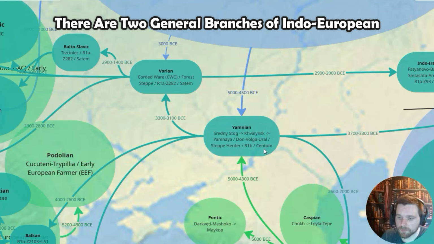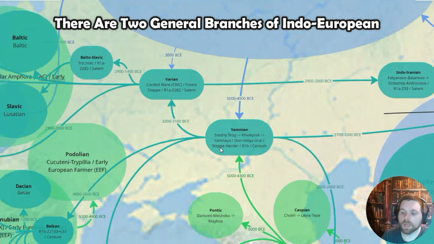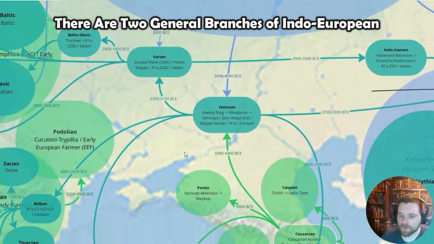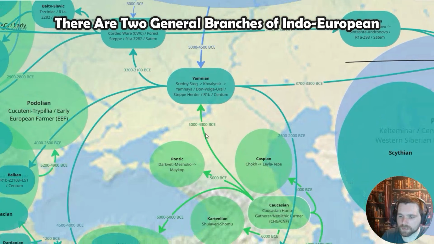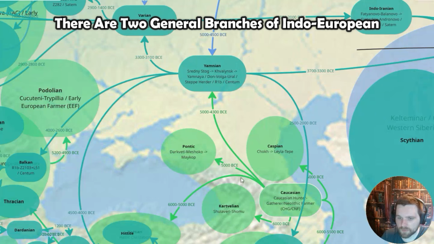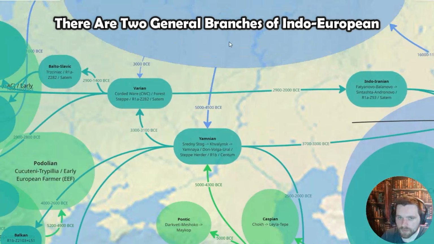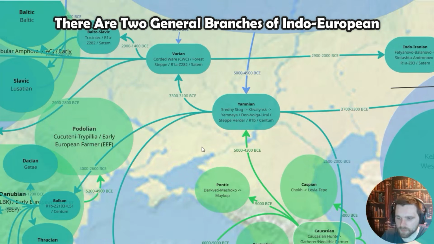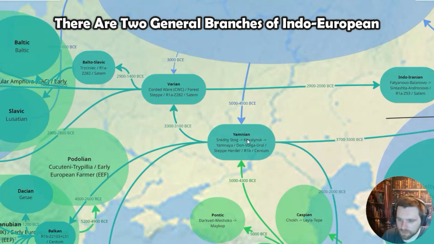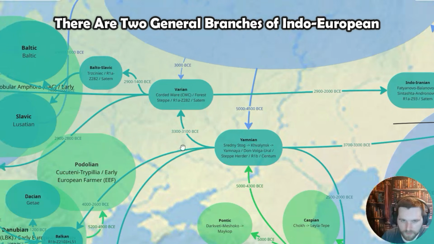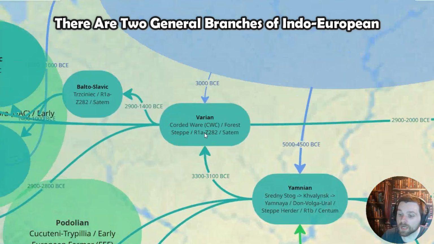also with centum Indo-European languages, so they have the archaic form, kentum, and the bulk of their ancestry still has a lot of this original 50-50 split of Caucasian and Eastern hunter-gatherer, right? So that's the first kind of wave. The second wave here is R1a coded in males and satem languages.